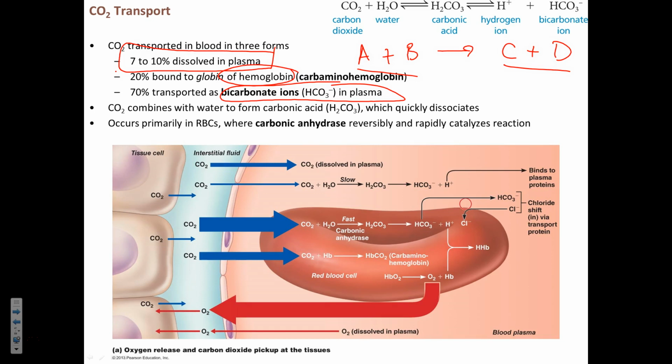Now, what if we want to make more products? What should we do? There are two options. Option number one is to add more reactants. Option number two is to start getting rid of the products. So, kind of, oh crap, we don't have any products anymore. Let's run the reaction more. Let's shift the balance to the right. Does that make sense? Think about it as a teeter-totter again. Okay? Does that make sense?